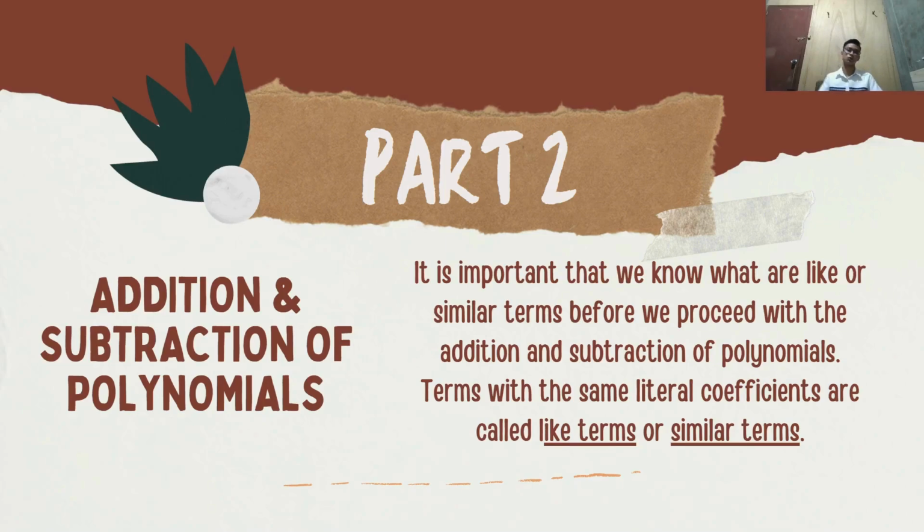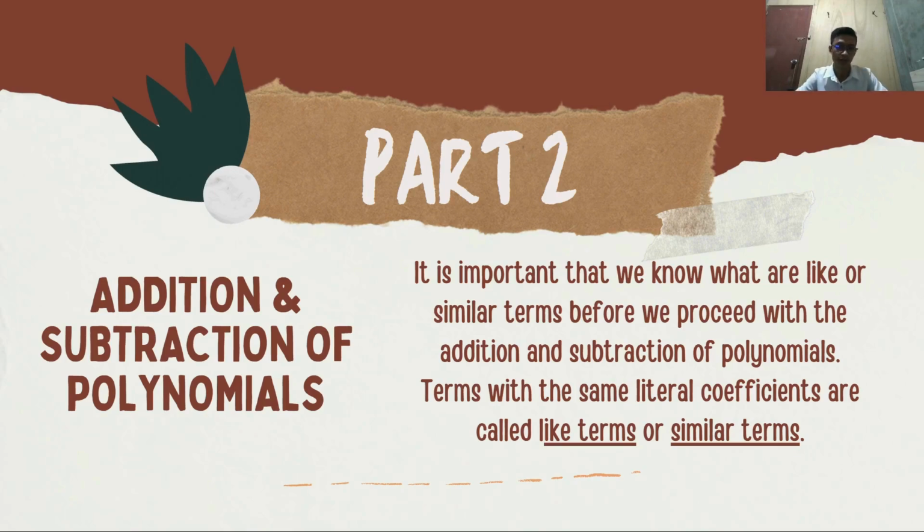One example of similar terms is 4y and 2y. They are the same terms, y and 2y. Another example is 2x plus 5x. They are similar terms.